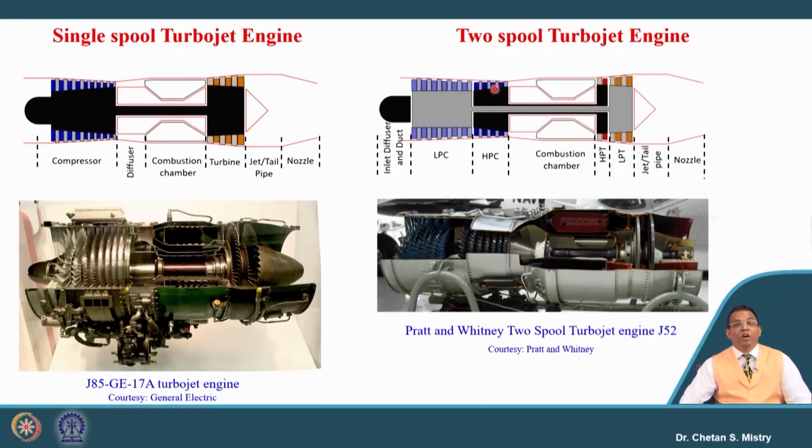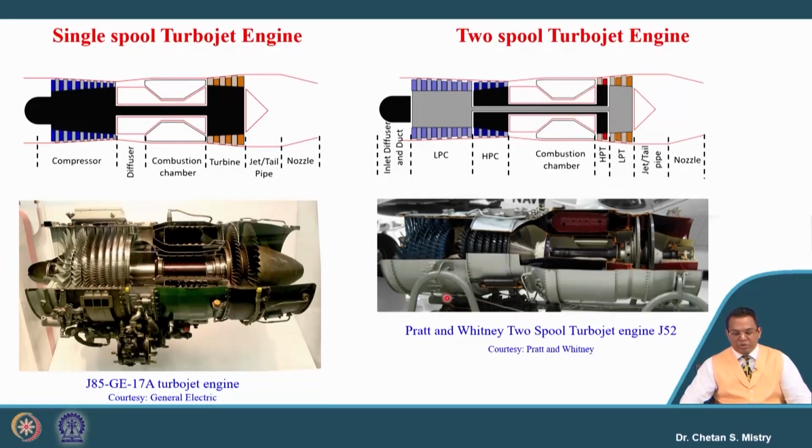If we recall the fundamentals of Euler's equation, rotating the spools at two different speeds reduces the overall component requirement, the size of the engine and the weight of the engine. That gave the next thought process, which we name the two spool configuration.